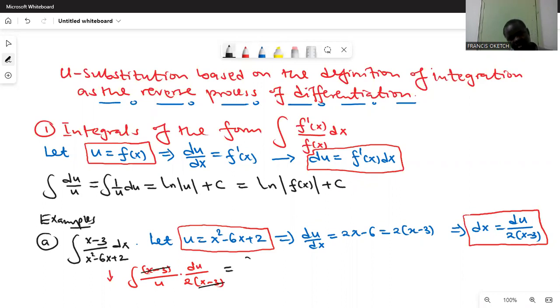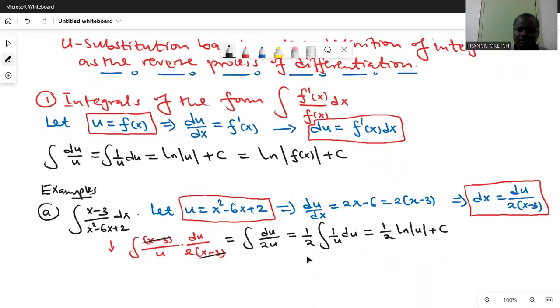So we'll have the integral of du over 2u. And you see 1 over 2, you can factor that out so that we have 1 over 2 times the integral of 1 over u du, which when you integrate, you get 1 over 2 ln u plus a constant c.